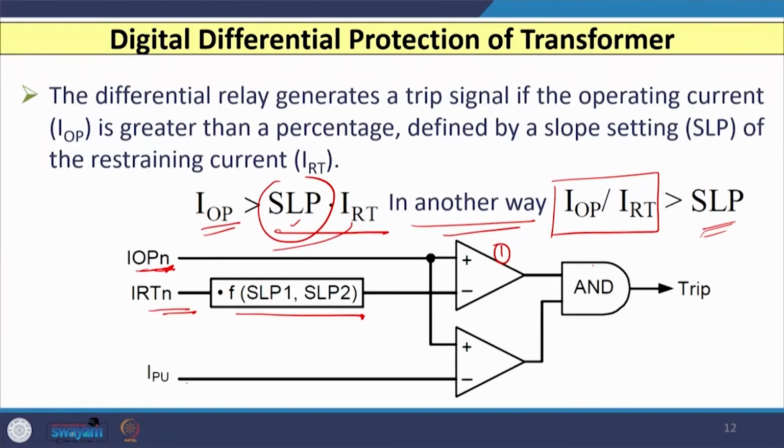Similarly, we have the I per unit, that is the basic threshold, and that is also compared with the operating current IOP, and that output is given to the other end of the AND gate, and finally, you will have the trip signal. So, if my operating value is greater than the restraining value, and if my operating value is greater than the I per unit initial threshold, then the relay should initiate a trip command, and your circuit breaker will be tripped.